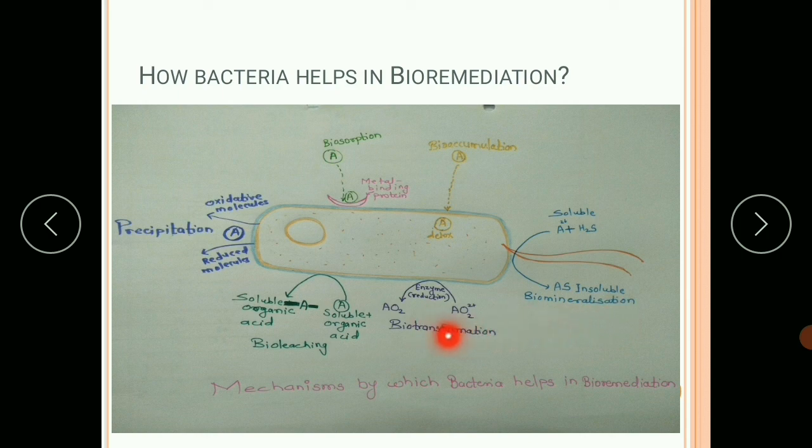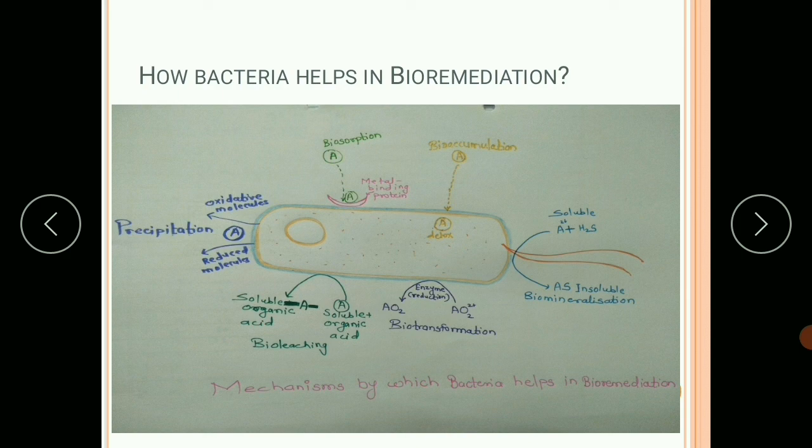In biotransformation, what happens? Any metallic compound will be transformed into another compound by enzymatic degradation or enzymatic reduction, because we know that bacteria produce some enzymes. The next one is bioleaching, and also there is a mechanism called precipitation.